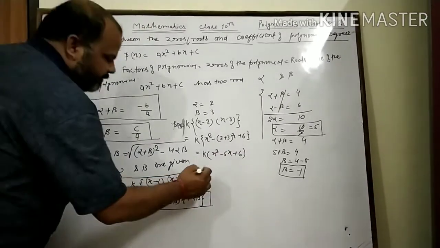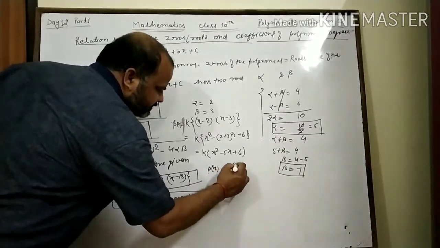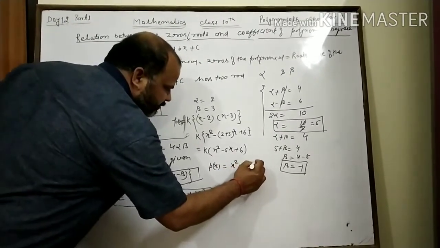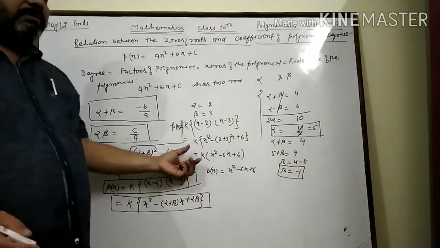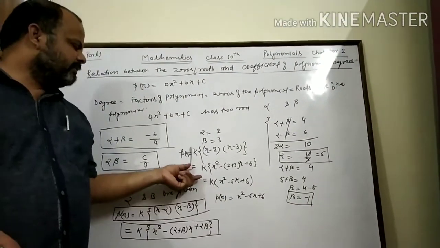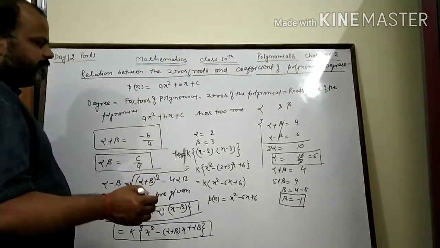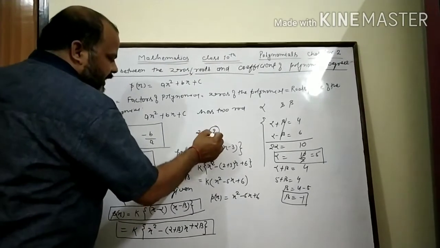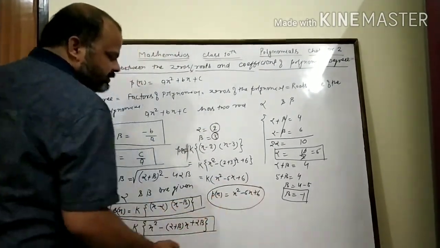Then our polynomial is p(x) is equal to x square minus 5x plus 6. K is any real number or a constant. If you want to write k, you can; otherwise you can leave it as it is. Then if we have the roots of the polynomial, the polynomial is this.